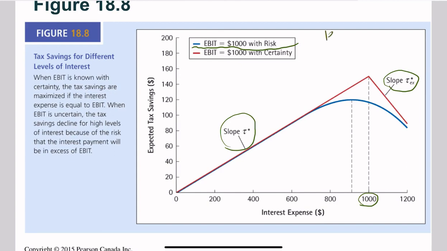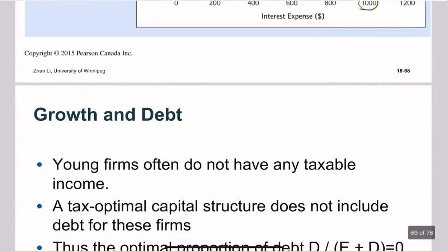So maybe it's either 1,200 or 800. And now, in this case, you can imagine that the firm will not want to use $1,000. So maybe it will just want to use $900 of interest expense due to this uncertainty, right?